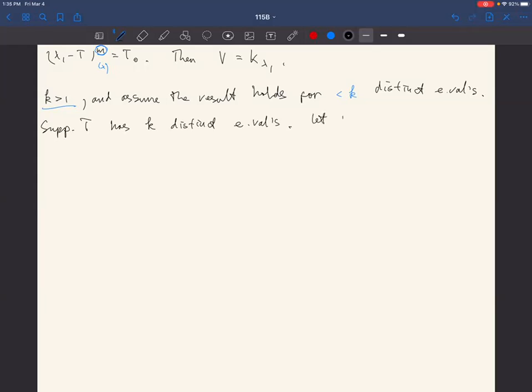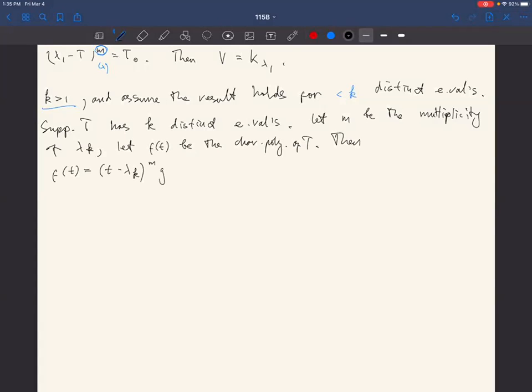Let m be the multiplicity of the last one, lambda k, and let us write f of t for the characteristic polynomial of the operator T. Then we can write that f of t is equal to (t minus lambda k) to the power m times g of t, for some polynomial g of t, which is not divisible by t minus lambda k, because m is the maximal power with which t minus lambda k appears in the splitting of the polynomial.